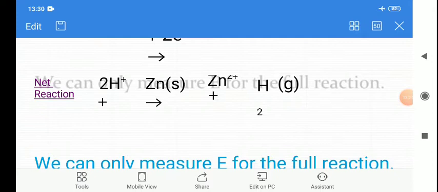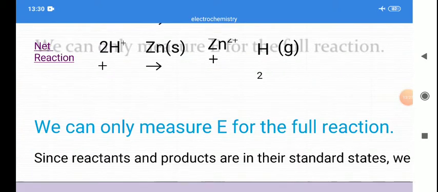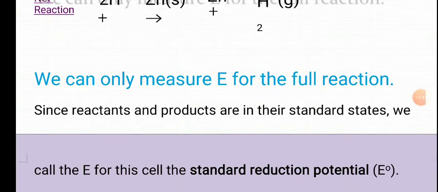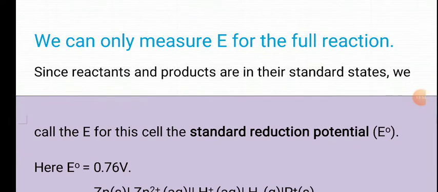Yes, we know the Gibbs free energy and other things, but here we define whether the cell reaction will be successful or not by measurement of the E, that is the standard electrochemical potential, or here the E cell, that means the potential of the whole cell. Since reactants and products are in their standard state, we consider the potential for this cell to be the standard potential.